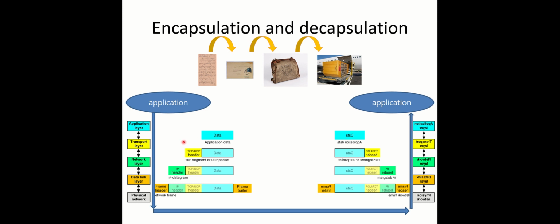But there are other roles that the header plays, but the most important thing is specifying the destination address, and it repeats again and again. Okay, it's like your letter going into an envelope. Your envelope goes into a mailbag, and the mailbag goes into the air container and crosses the Pacific Ocean.